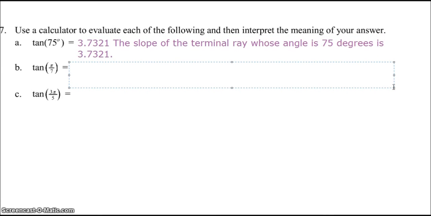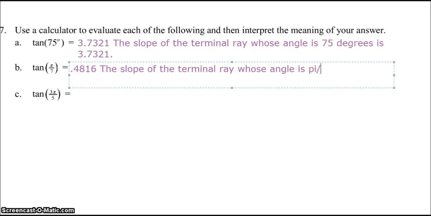Let's see, this one is about 0.4816. You might have to change your calculator to different modes. For the top one, you have to be in degree mode, and the second one in radian mode. The slope of the terminal ray whose angle is pi over 7 is 0.4816.